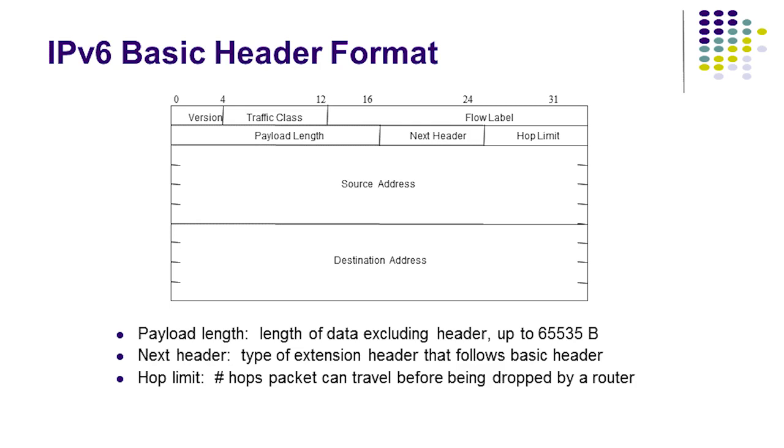Payload length indicates the length of data excluding the header, with 16 bits allocated to this field. The payload length is limited to 64 KB. But it is possible to send larger payloads by using the option in the extension header.